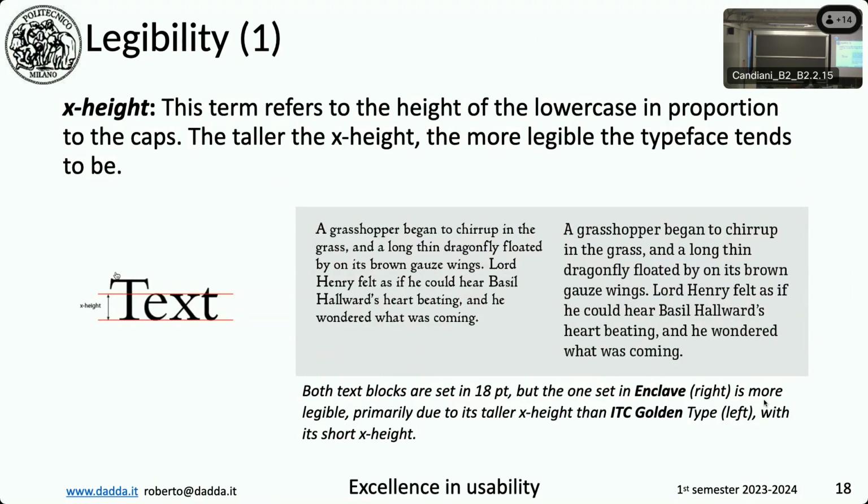So one thing is the x-height, the vertical height. Vertical height is this dimension. Here it is low, here it is bigger. We don't need to discuss a lot to understand that the one on the right is more legible than the one on the left.